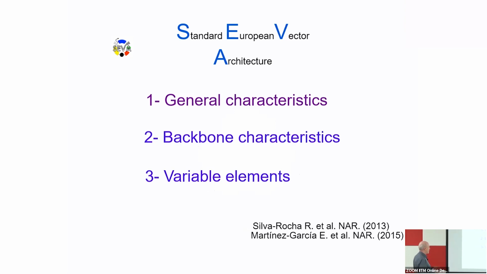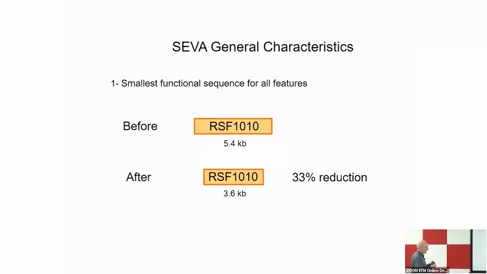Now, under this general frame, what are the general characteristics of the plasmid? First of all, to follow the standard, you have to make sure that the functional segments that you put in the vector are the smallest. They are minimized.